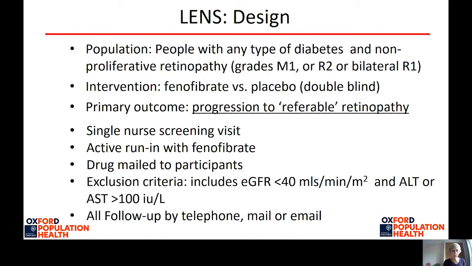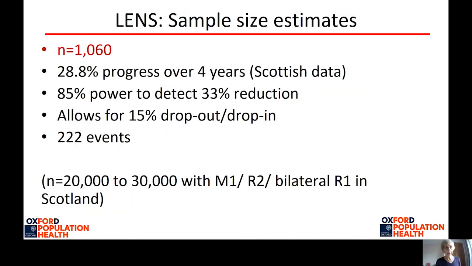It can also cause liver problems. And so there are considerations when running a remote trial, but the drug is mailed to the participants and all the follow-up, both using the routinely collected information, but otherwise is by telephone, mail or email.